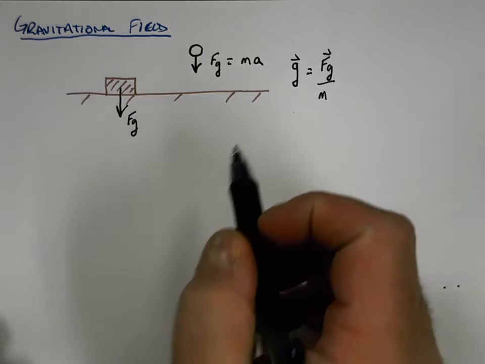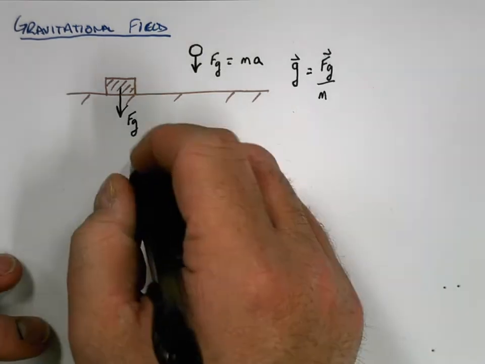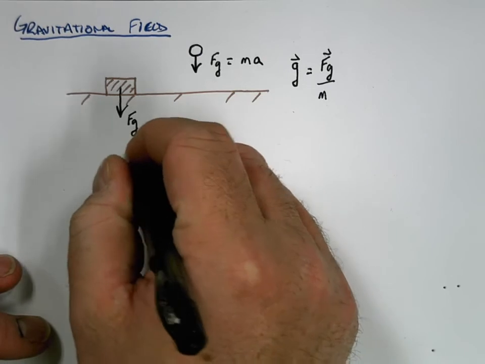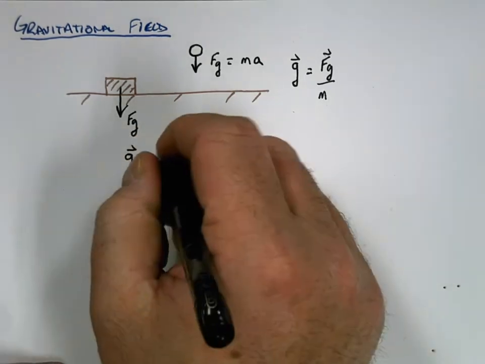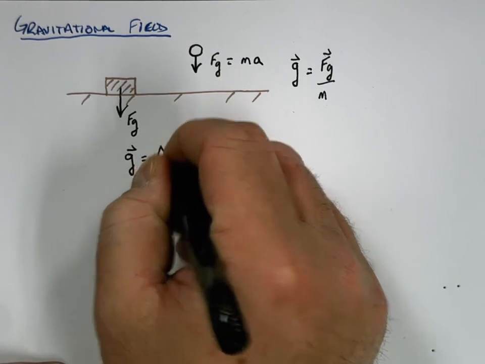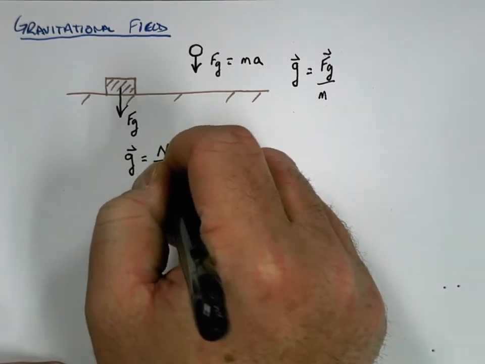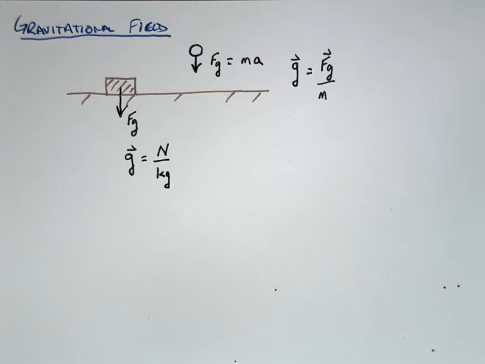And that means that our g is actually equal to a different kind of term: g is equal to the number of newtons per kilogram that's acting on our crate.